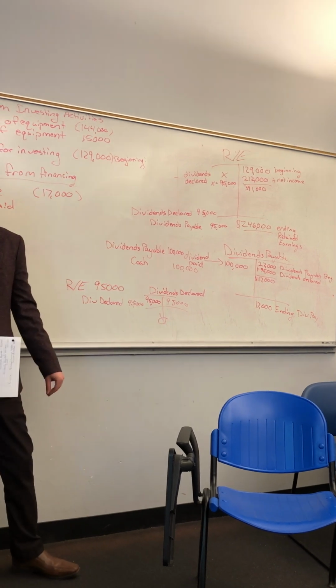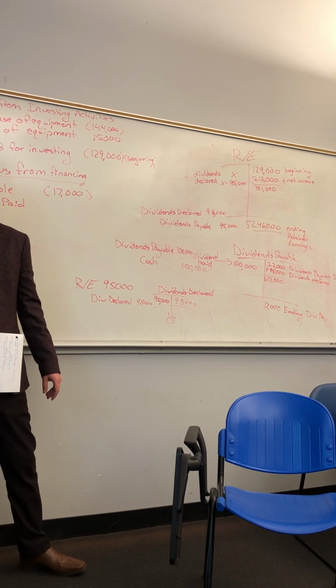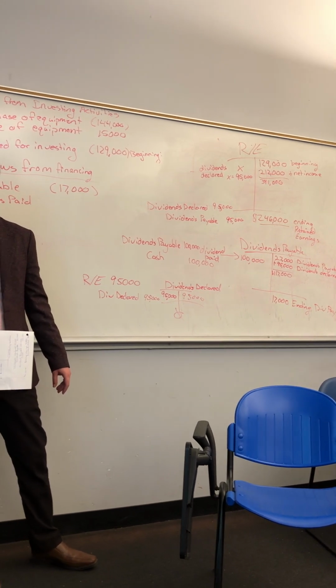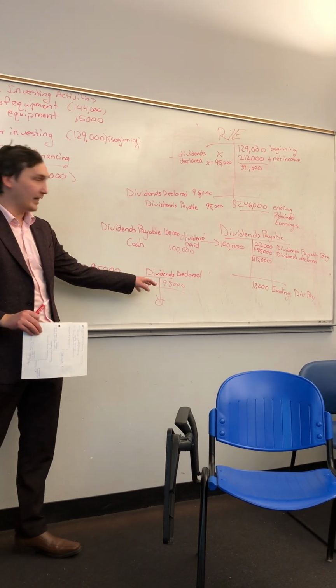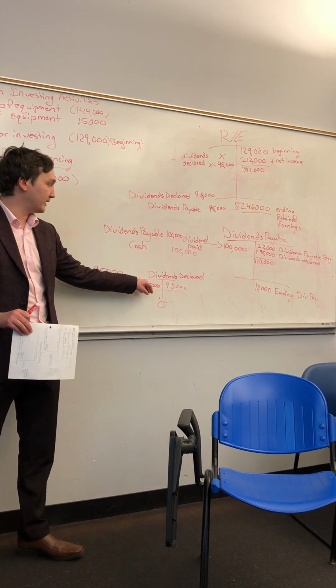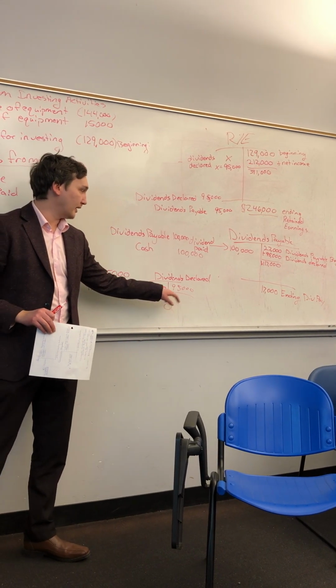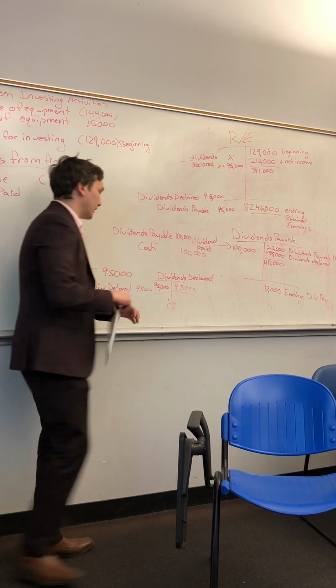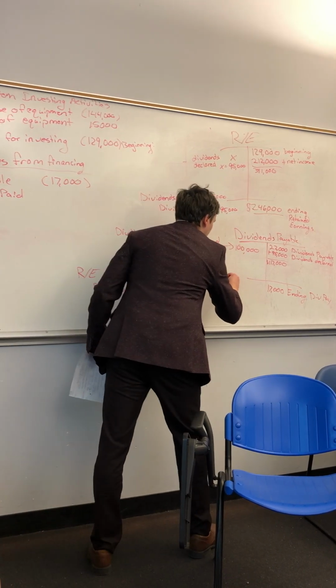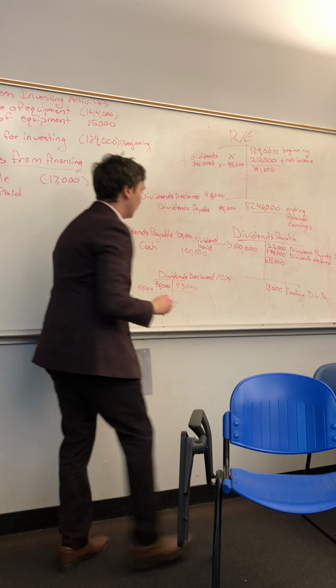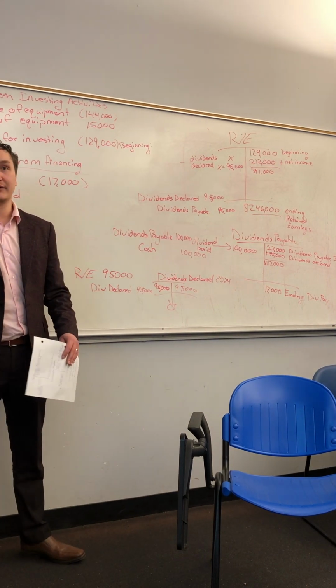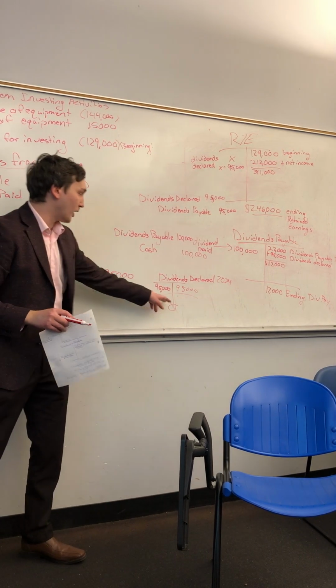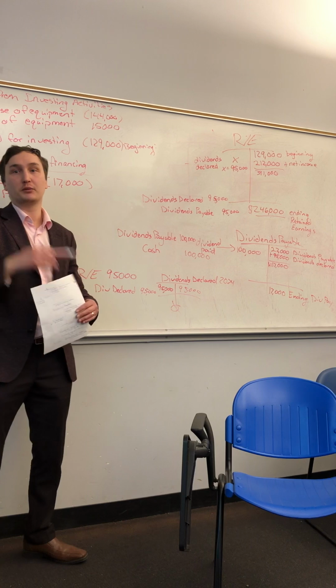If we've declared any amount of dividends, it should be a debit balance. And then at the end of the year, this would be dividends declared for, say, 2024. If we want to know dividends declared for 2025, that's why we have to wipe it out to zero, and then we start fresh.